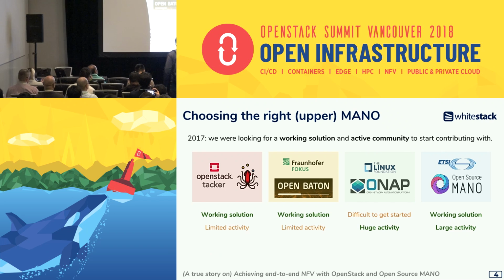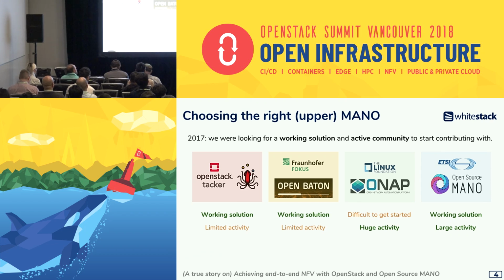Regarding community activity and the traction they had in the industry, I mean commercial traction, commercial interest, we noticed that obviously ONAP had a huge activity. And second was Open Source MANO with pretty large activity, I mean, continuous events and commercial interest and contribution from many companies. It was not the case for OpenBaton and Tacker at that time, at least.